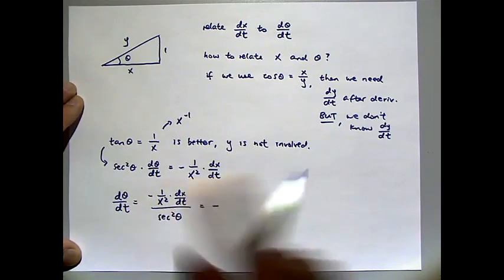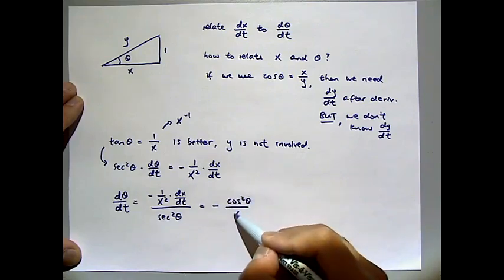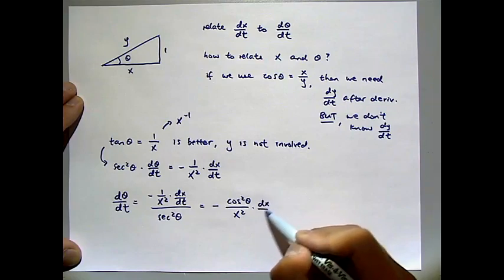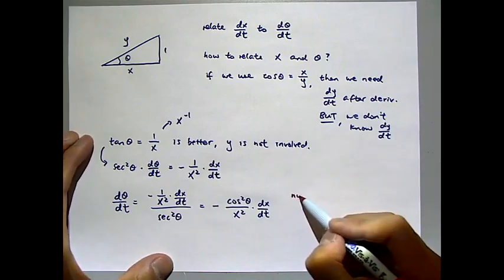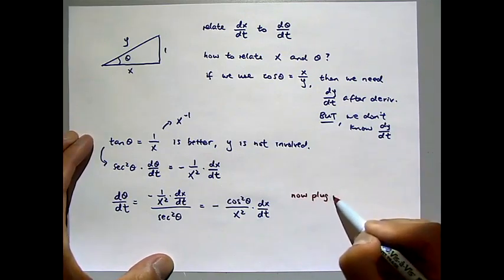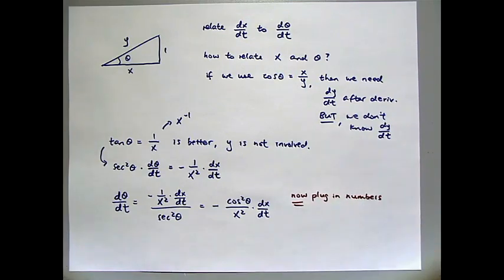So cosine squared times that. All right, so now we've taken the derivative. We plug in what we know. Once again, derivative, then you plug in stuff.